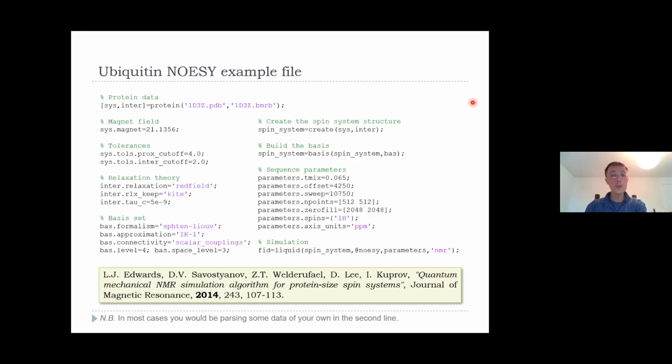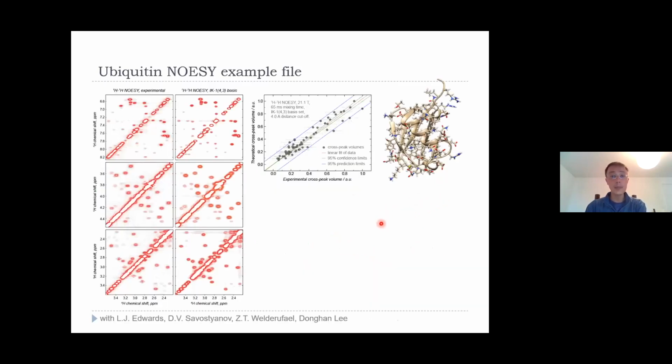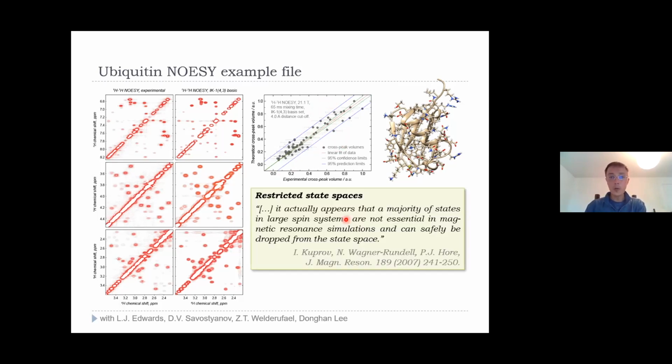And that was the first ever fully quantum mechanical simulation of a protein-sized spin system. I mentioned that in the previous lecture. This is a zoom into a tiny fragment of what is a huge NMR spectrum, and it's quantitatively correct. So fully quantum mechanical time domain magnetic resonance simulation with a full relaxation superoperator, including all the cross correlations.